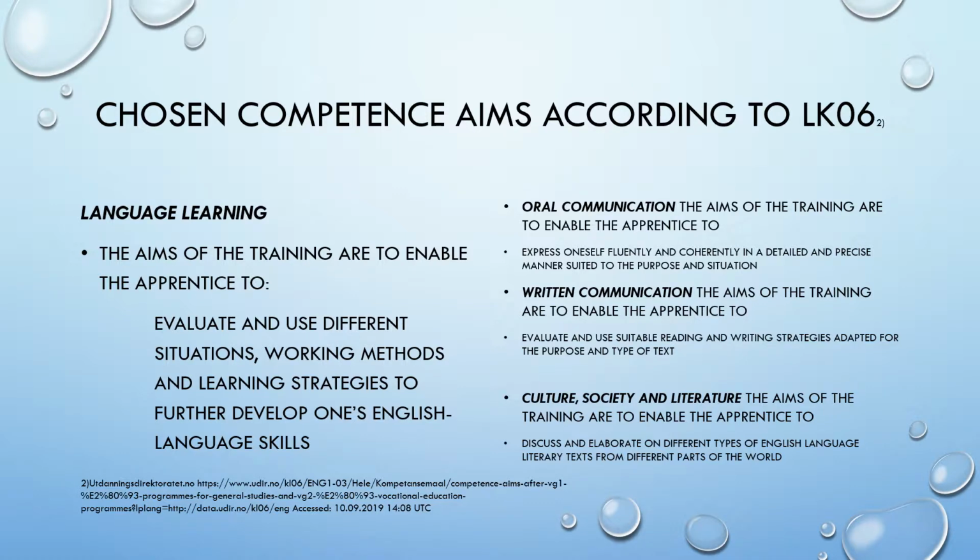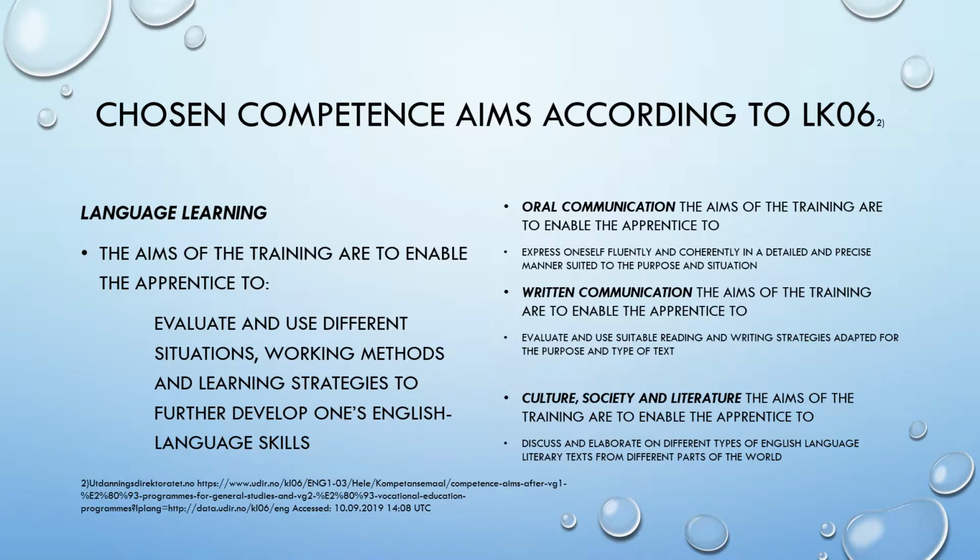And my chosen competence aims according to LK06 are the following. I've looked at language learning in general: evaluate and use different situations, working methods, and learning strategies to further develop one's English language skills. Regarding oral communication: express oneself fluently and coherently in a detailed and precise manner suited to the purpose and situation.